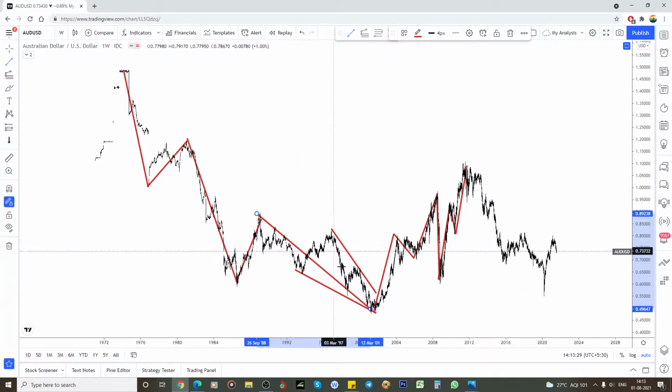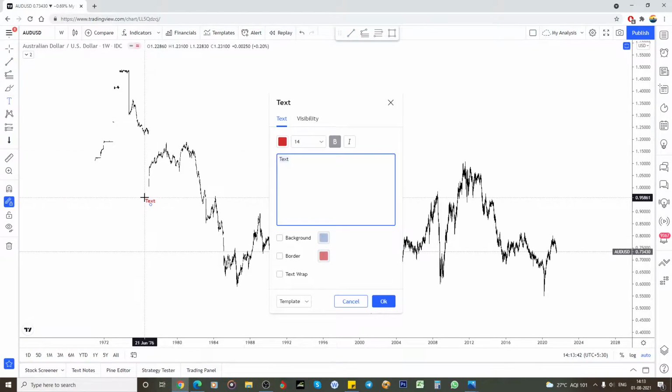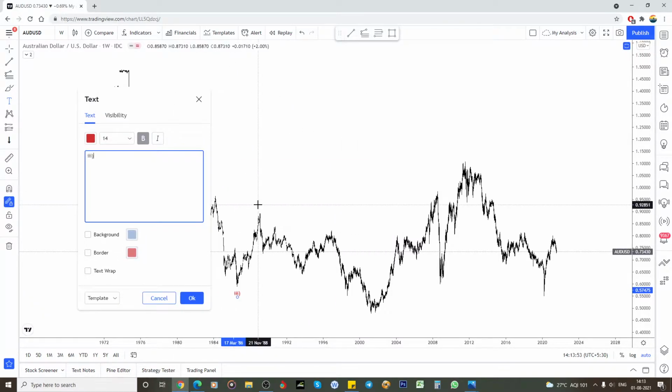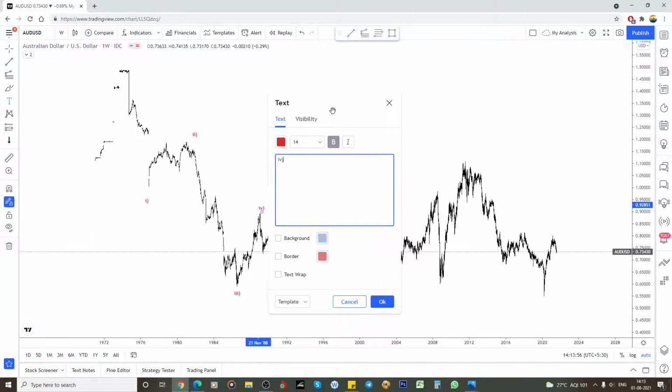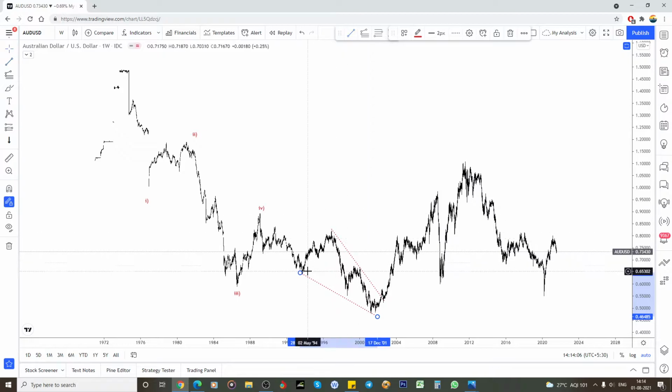These are the patterns we need to look at. So we delete all of this and just mark this as wave 1, this is wave 2, this is wave 3, and then wave 4. Here we view this as an ending diagonal with wedge formation, so we can draw it with dotted lines.